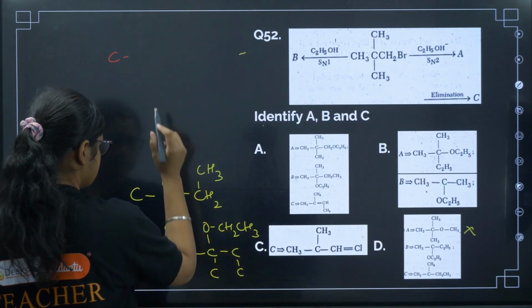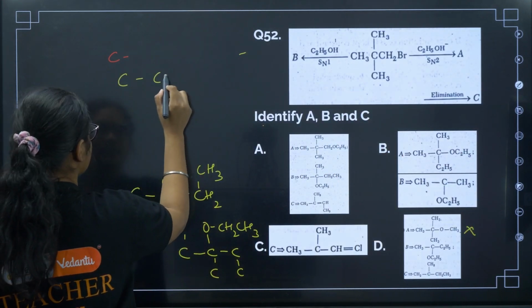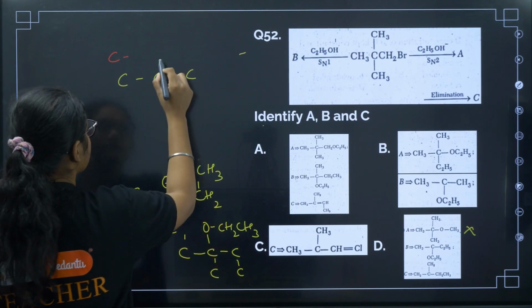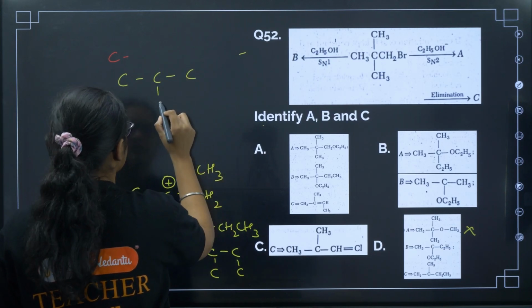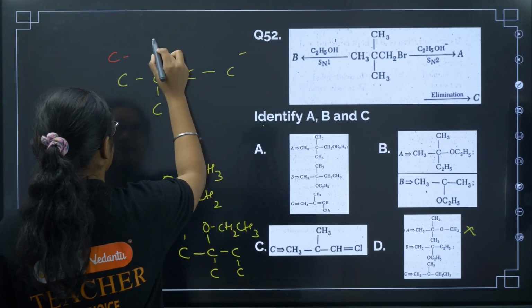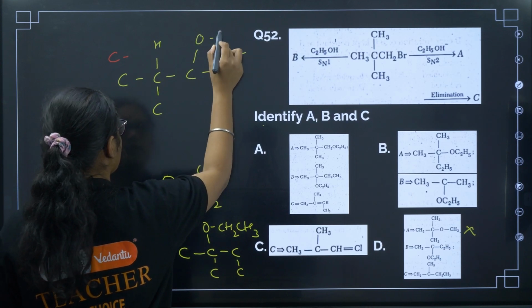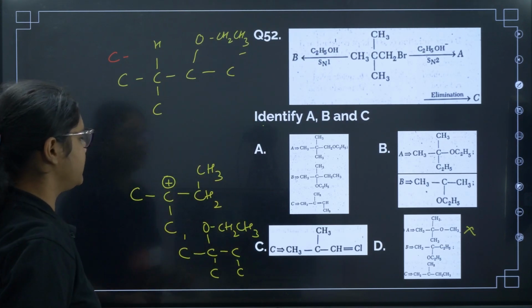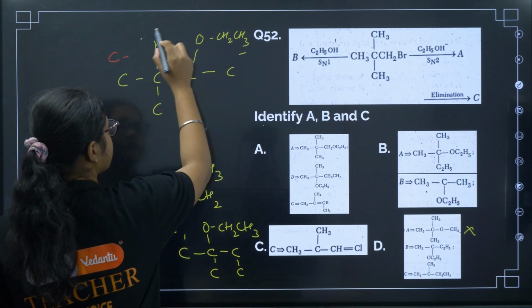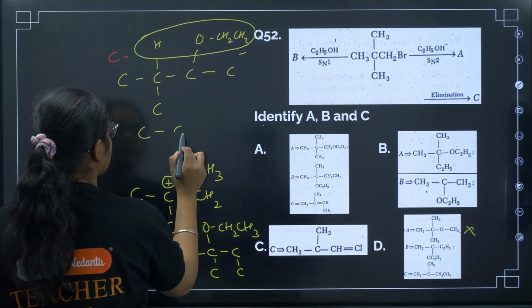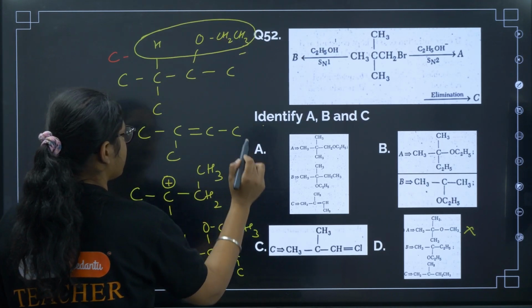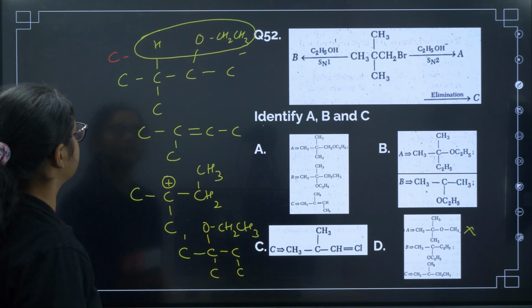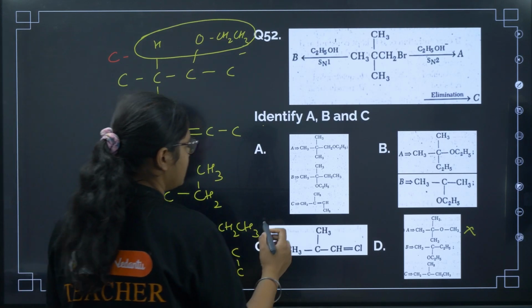We'll have this C, C, C, and here we have this C, and here it is H, and here we have O, CH2, CH3. So when you do heating, the elimination will take place and this part will go out and we will get a double bond here. Okay, so the correct answer for this question will be option number A.